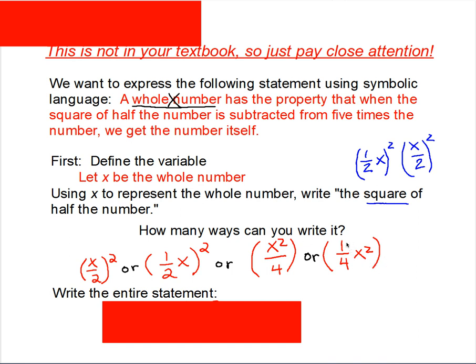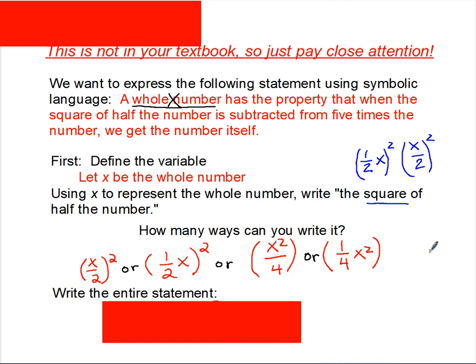Or we could actually just write it. If we looked at this problem up here, if we did that, we would have our 1 on the top. Sorry, it's the first one up top. We would square a half and we would get a 4th, and we would square the x and get x squared. So all 4 of those are the same thing written different ways.